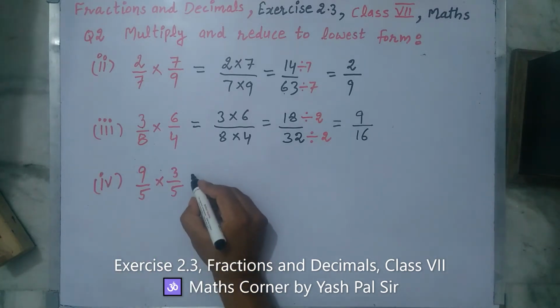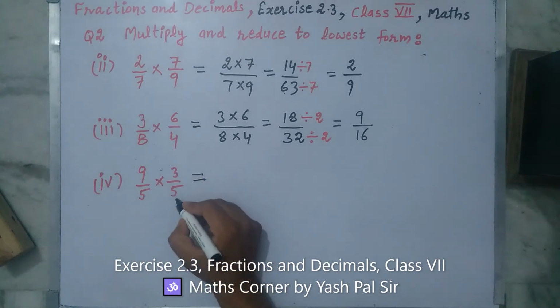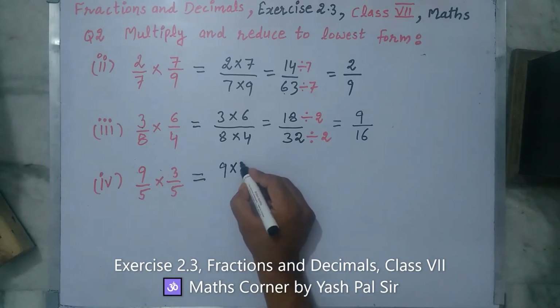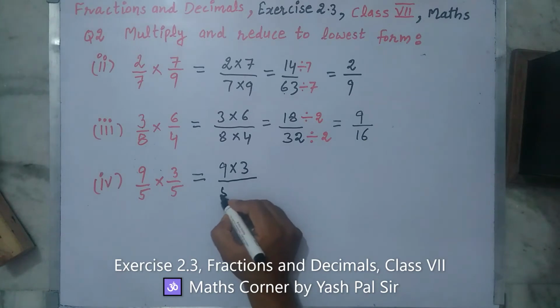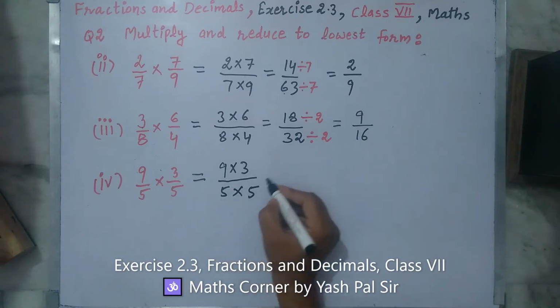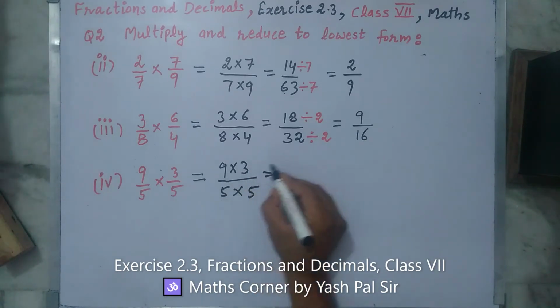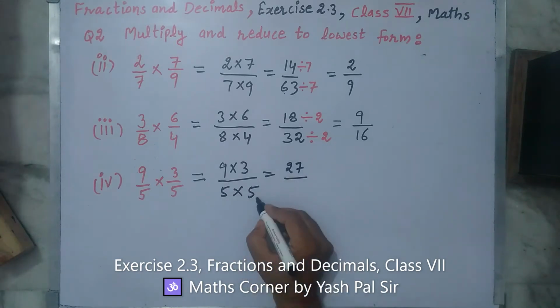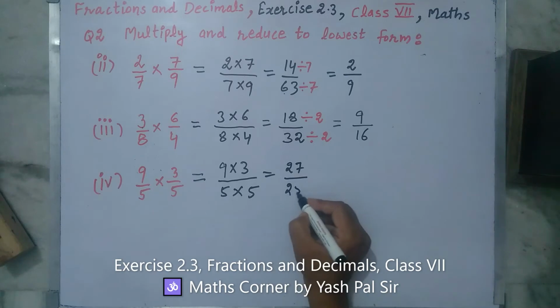Part number 4, 9 by 5 into 3 by 5. So how to multiply? 9 is multiplied with 3, divide 5 is multiplied with 5. So this is 9 into 3, 27, 5 into 5, 25.